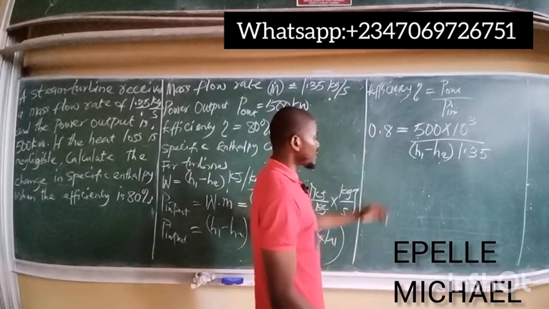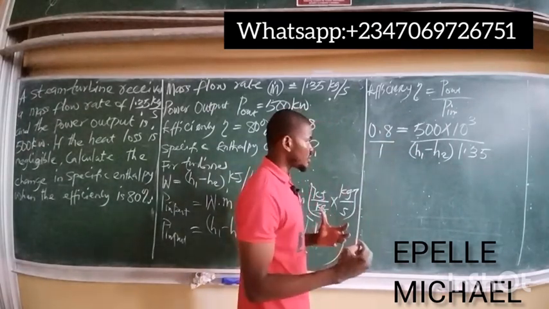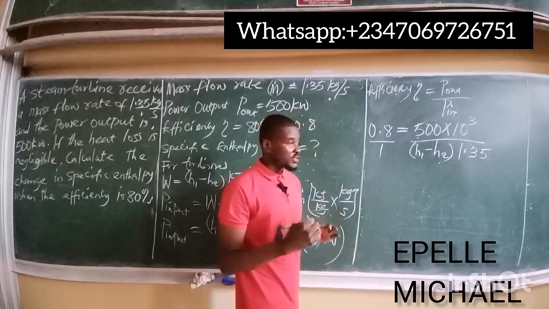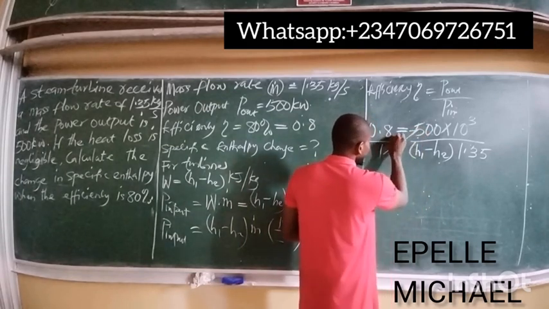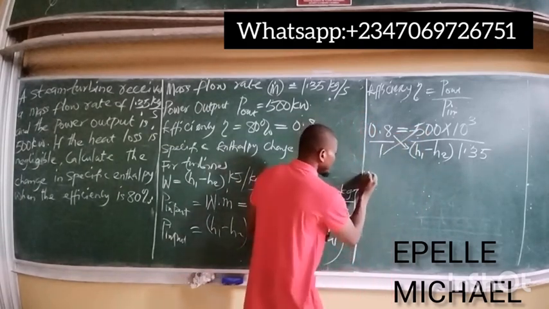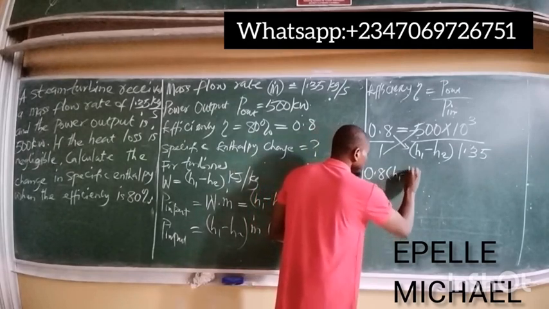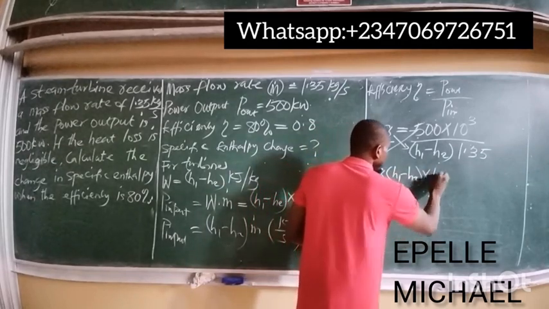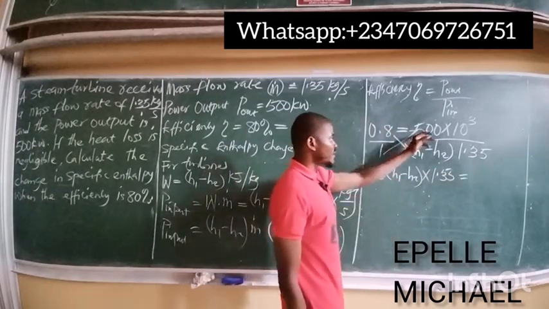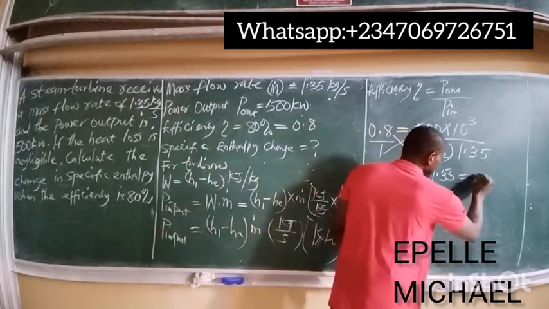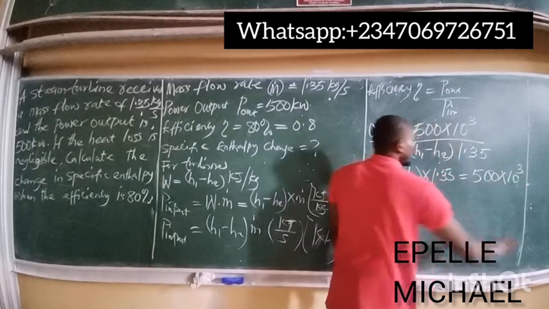From here now, 0.8 is the same as 0.8 divided by 1. It still gives you 0.8, nothing changes. Like this, it becomes easier for us to cross multiply. 1 multiplies everything at the top, 0.8 multiplies everything at the bottom. So you have 0.8 multiplied by h1 minus h2 multiplied by 1.35, and this is equal to 1 multiplied by 500 by 10 to the power of 3.